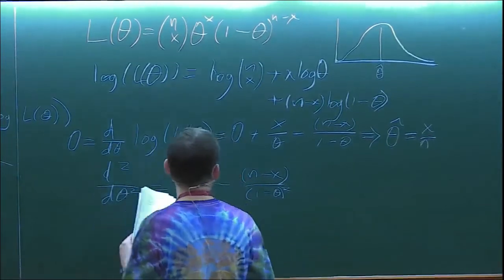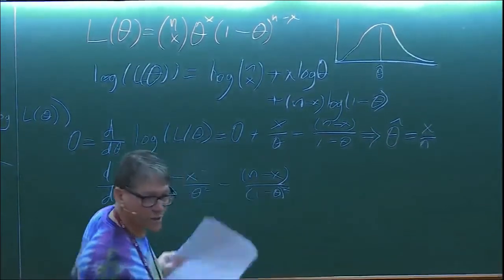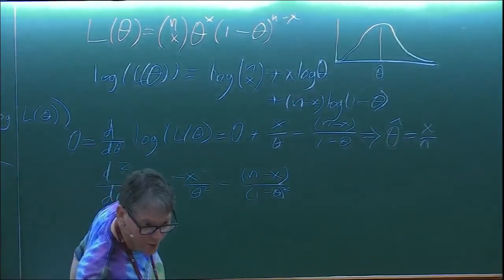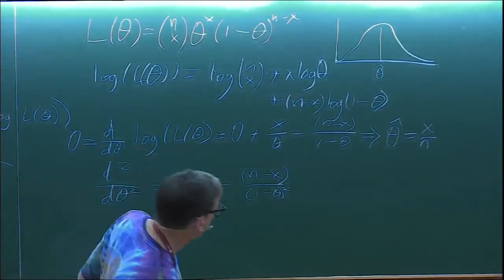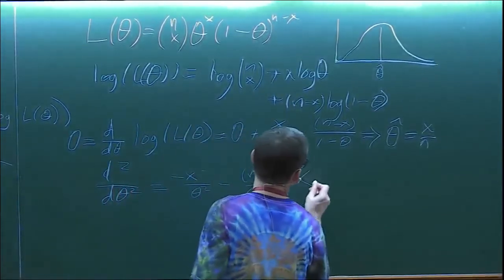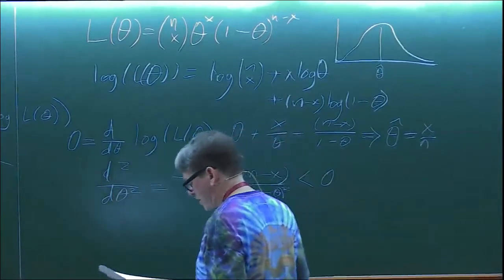Both of these terms have theta squareds and they have negative signs in front of them, so it's not a difficult computation to see that this is less than 0.